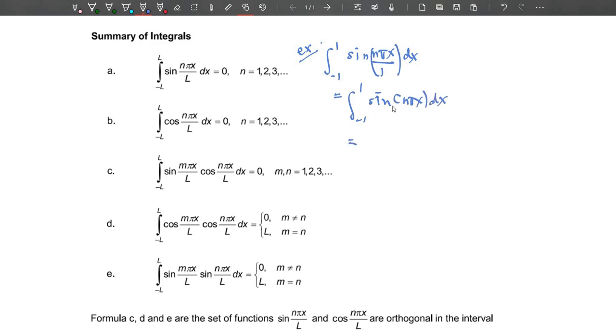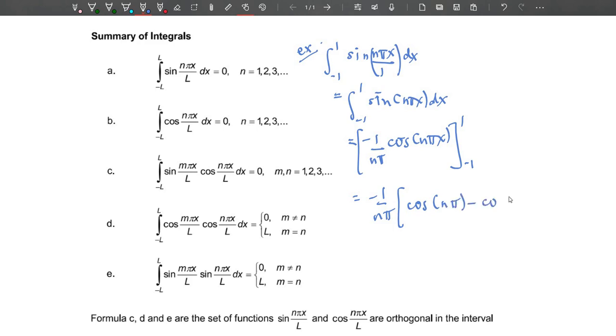If we integrate sin, it would be negative cos. Differentiating inside the bracket, it will be negative 1 over n pi, and here is cos n pi x. We need to substitute the values from negative 1 to 1, which means negative 1 over n pi, open the bracket, cos 1 n pi minus cos negative n pi.